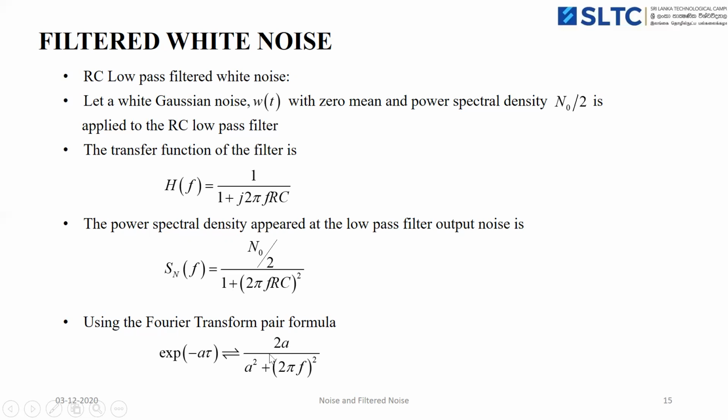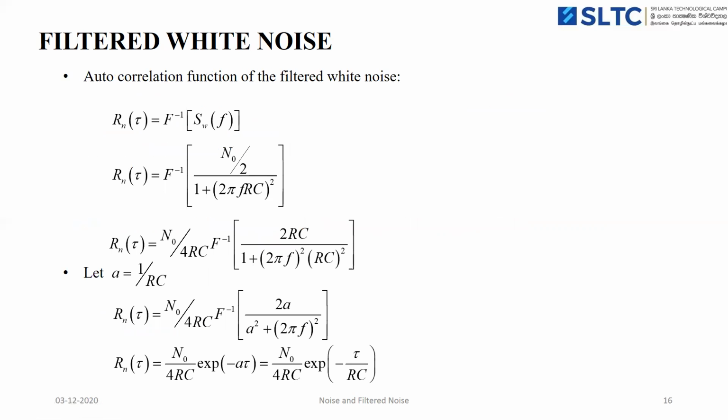If you know the right side, we can easily find the left side. So the autocorrelation function of the filtered white noise is calculated by taking the inverse Fourier transform of the power spectral density of the filtered white noise Sn(f).